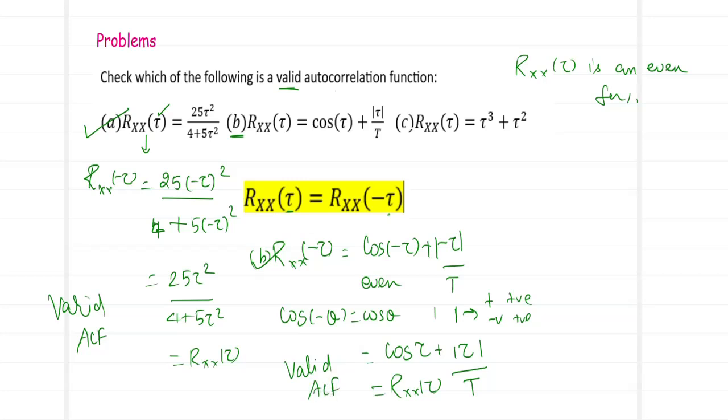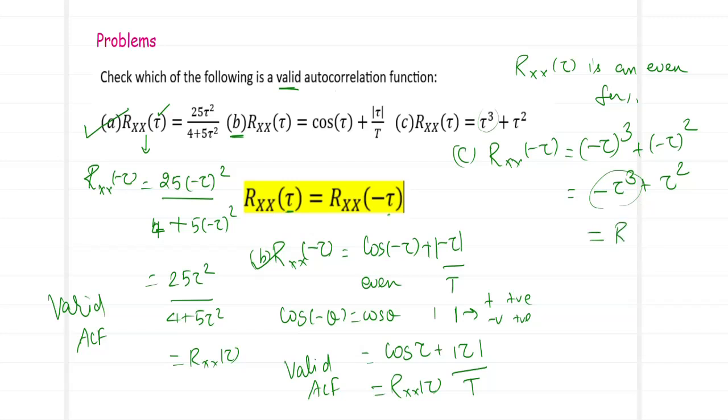How about the third one? Let me replace Rxx of tau by minus tau. So I get minus tau the whole cube plus minus tau the whole square. Minus tau the whole square is positive tau square, the negative sign gets absorbed. But minus tau the whole cube gives me a negative sign of tau cube. What I have over here is positive tau cube, but what I have over here is negative tau cube.